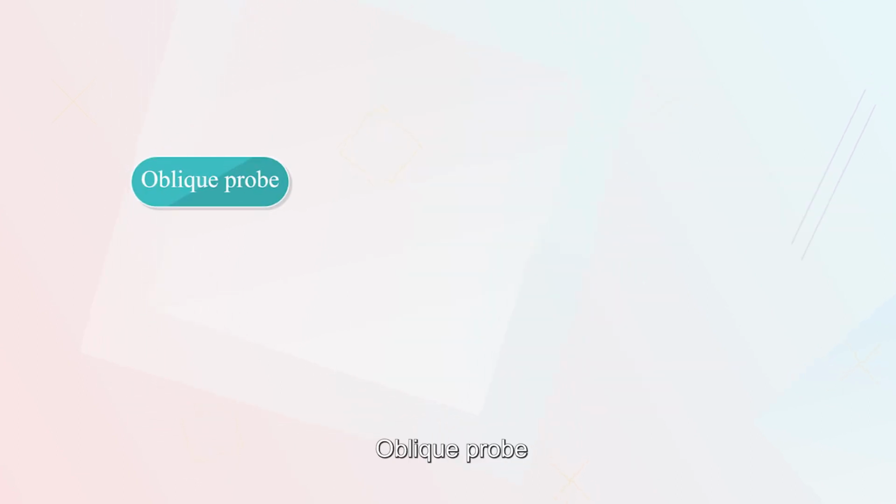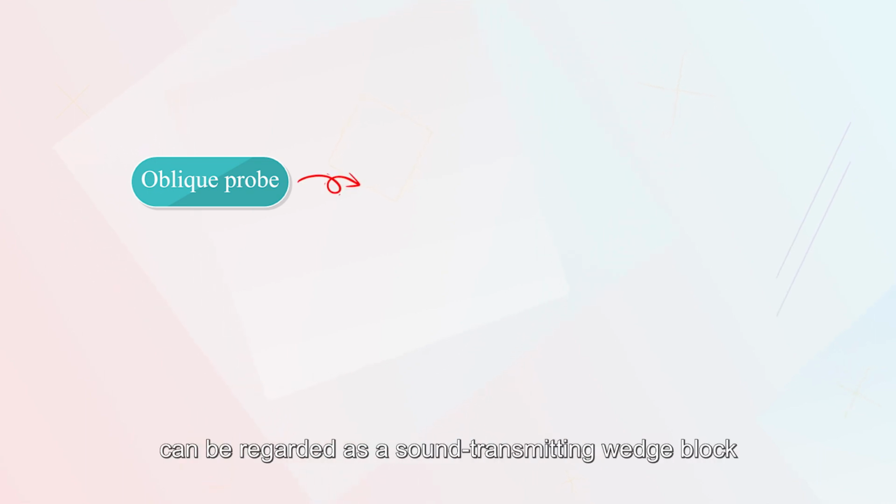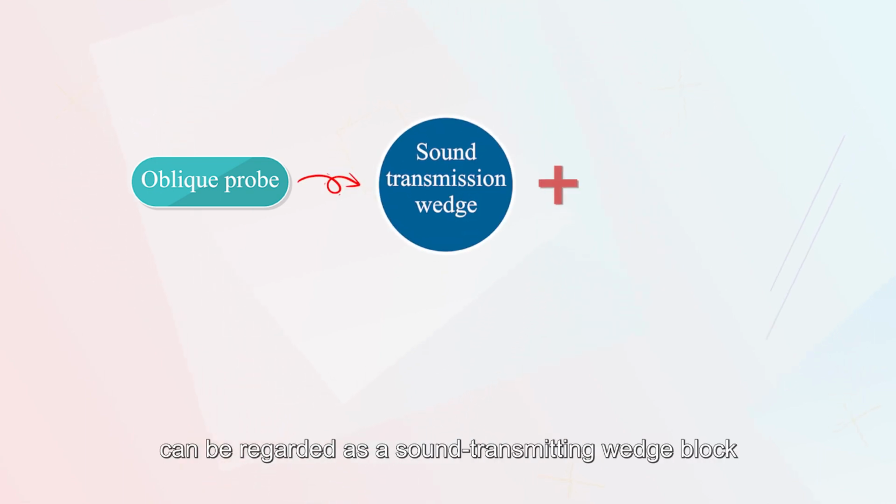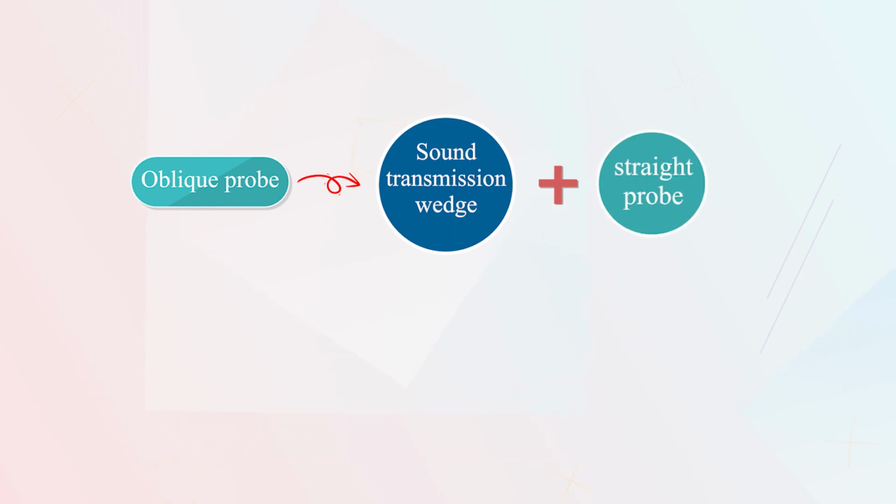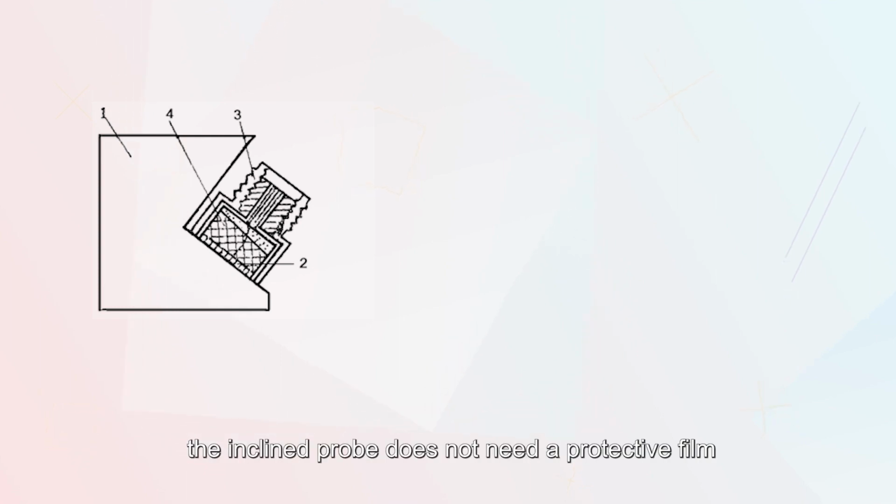2. Oblique probe. The structure of the oblique probe can be regarded as a sound-transmitting wedge block added on the basis of the straight probe, as shown in the figure. During flaw detection, since the wafer is not in direct contact with the workpiece, the oblique probe does not need a protective film.